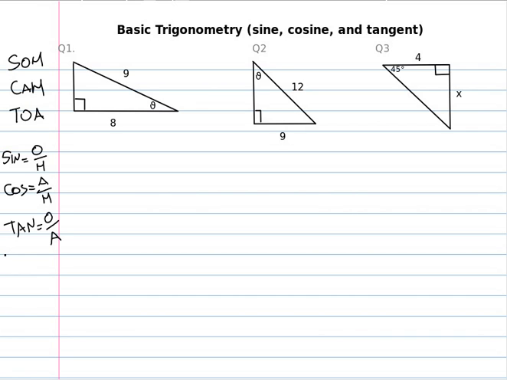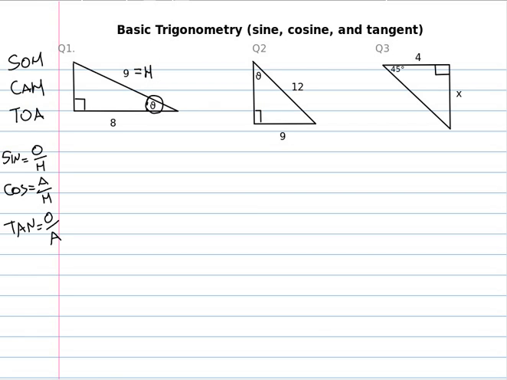So let's look at question number one. Question number one is basically asking us to find what the value of theta is. We don't know theta, but we know it's there. We know this side is the hypotenuse, so let's say it equals h, or h for hypotenuse.